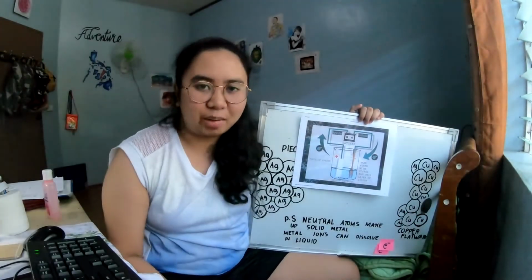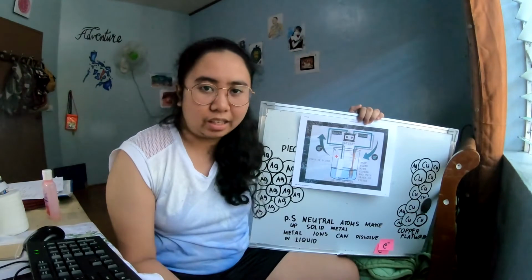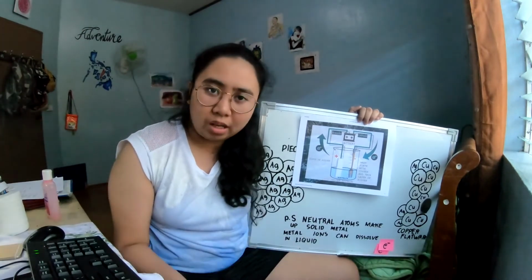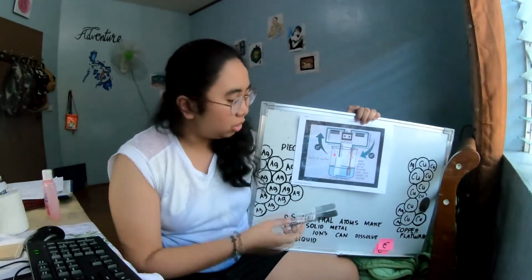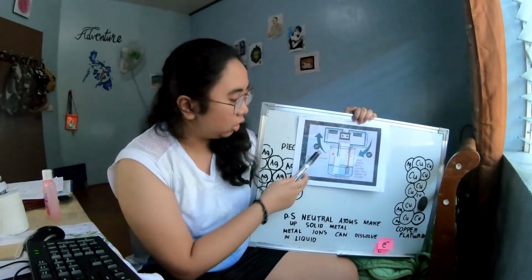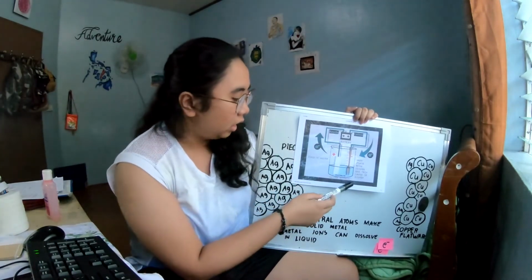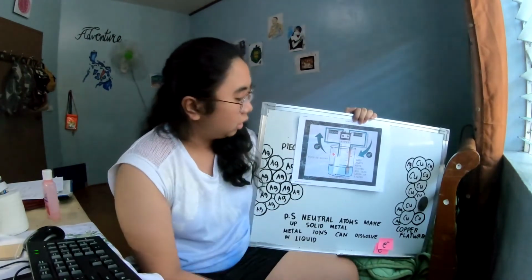Hi everyone, since I'm already done with the introduction of my electroplating design, right now we're going to find out how it works, zooming in to an atomic level. As you can see, as I discussed earlier, this is my electroplating design, and it has a battery, electrolyte, a piece of silver, and of course our flatwares.